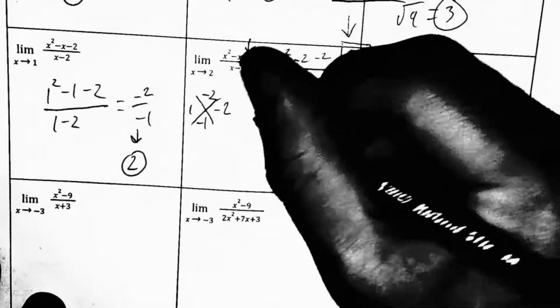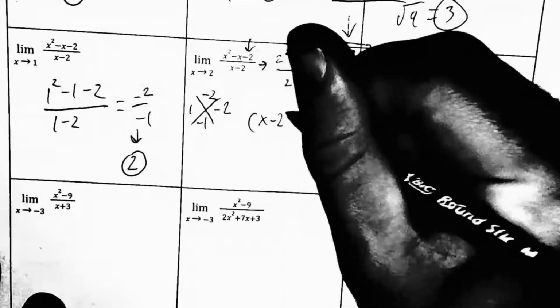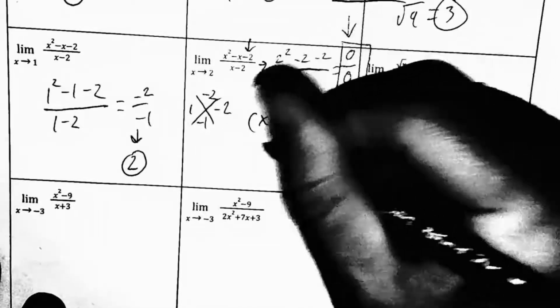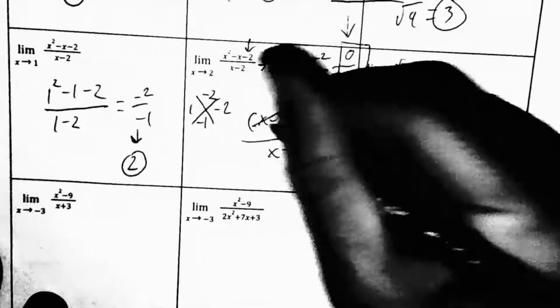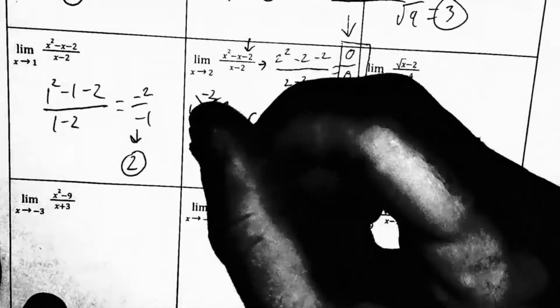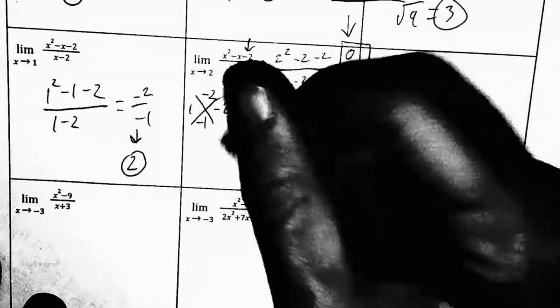So my factors are x minus 2 and x plus 1 over x minus 2. Notice we have a hole here at x minus 2. These will cancel, and so we'll have just x plus 1 left over.